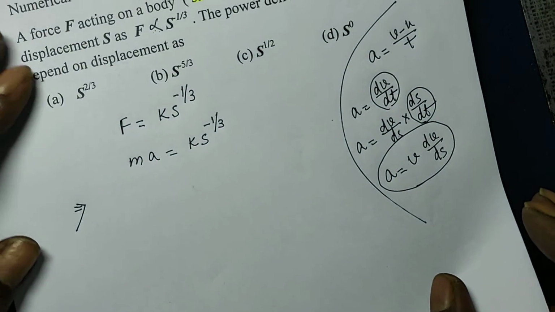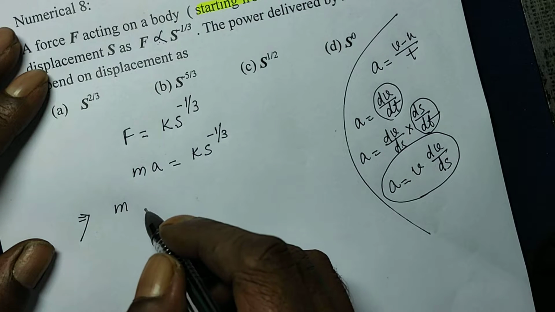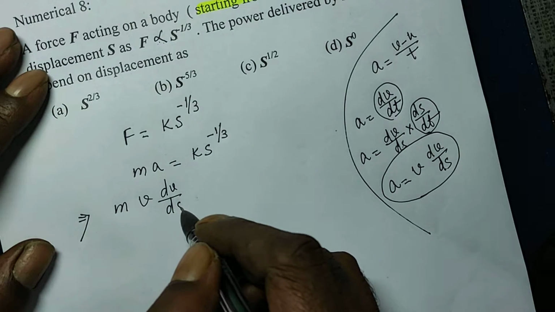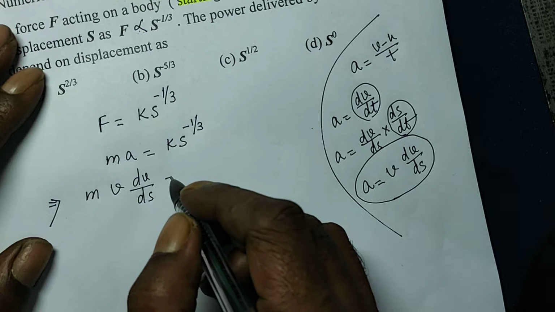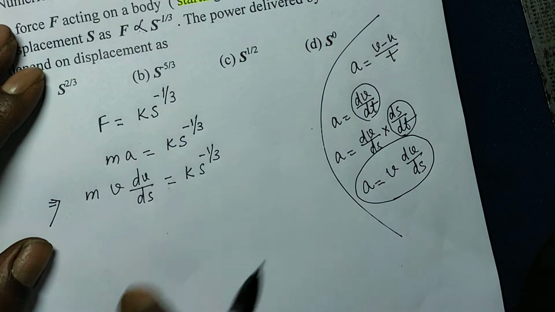So this becomes m times v dv over ds is equal to k s to the power minus 1 over 3.